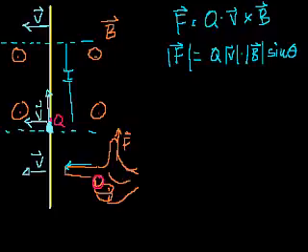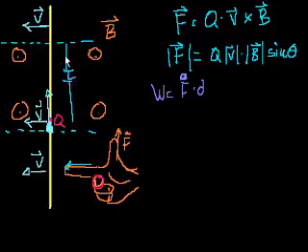Well, what's work? Work is equal to force times distance, where the force has to be in the same direction as the distance, right? I won't mess with the vectors right now. So the work is going to be the net force exerted on the particle times the distance.